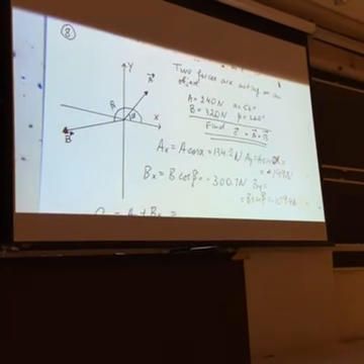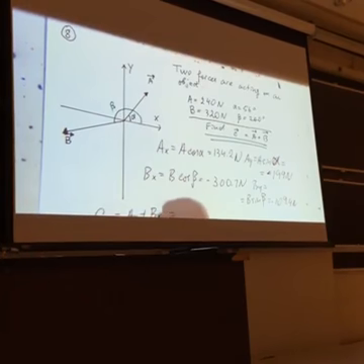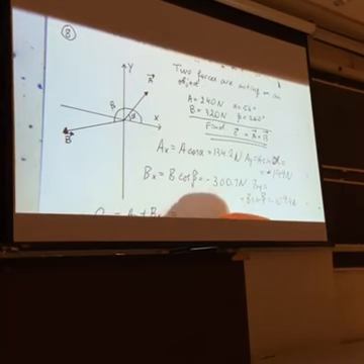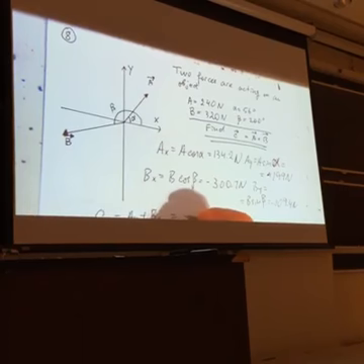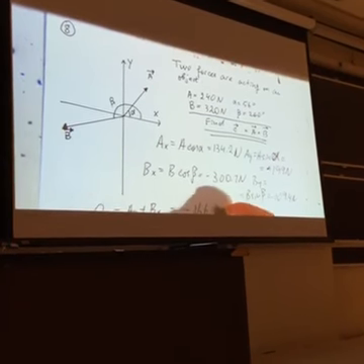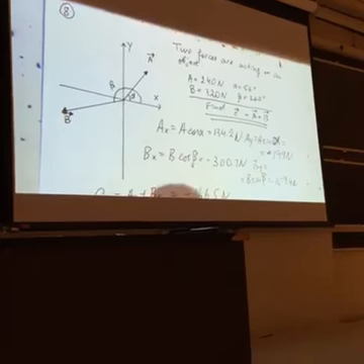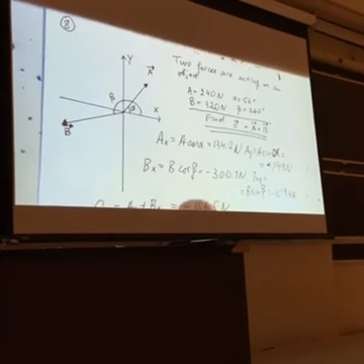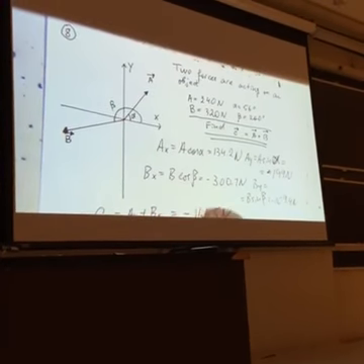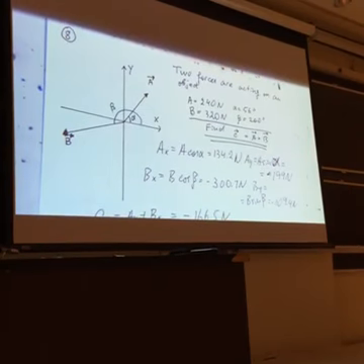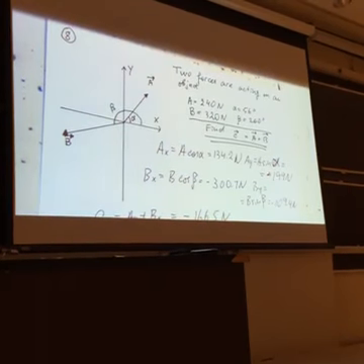And for components of C, you get: X component is negative, and Y component is positive. So when you get these components of the resulting vector, it's useful to sketch that vector.